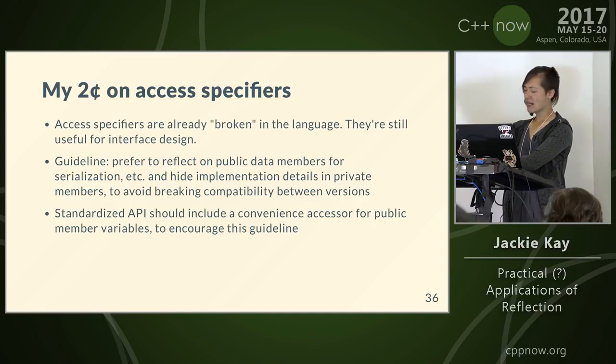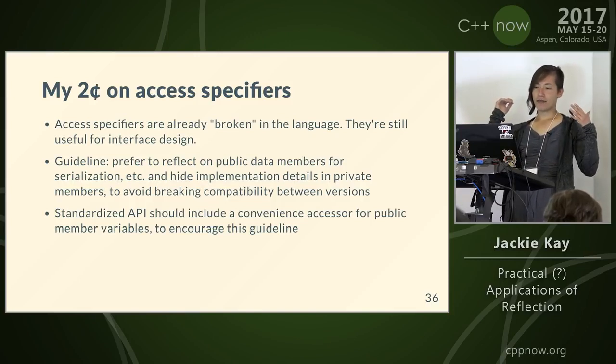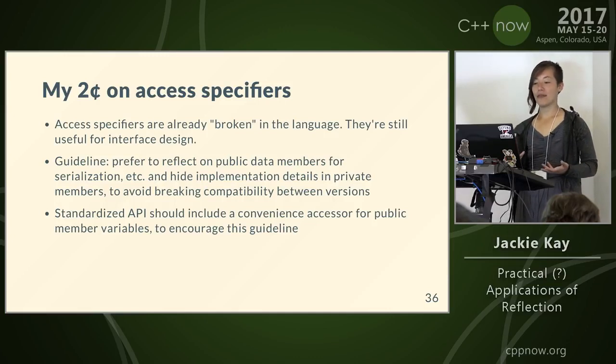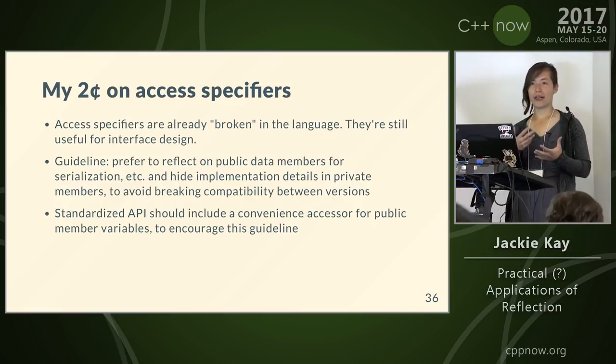So, yeah, my general feeling is I think if we get reflection soon, the guideline is going to be you should reflect on public member data by default and continue the guideline with access specifiers we already have, which is use private members for implementation details. That way, if you are serializing something, for example, you're going to avoid having compatibility issues between serialization formats.